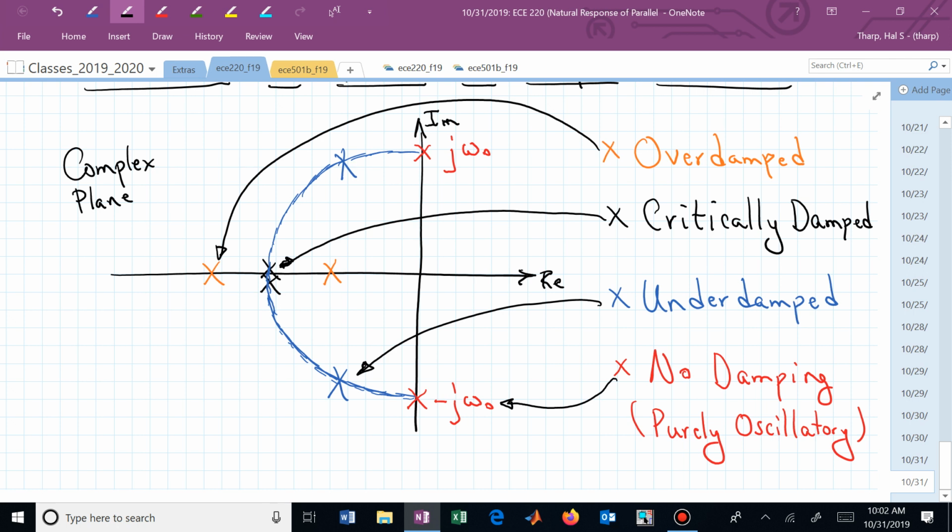I had a P in there. It was damped frequency. D-A-M-P-E-D. Damped. I know you're thinking it's some other kind of frequency, but it's the damped frequency. We have too many frequencies.